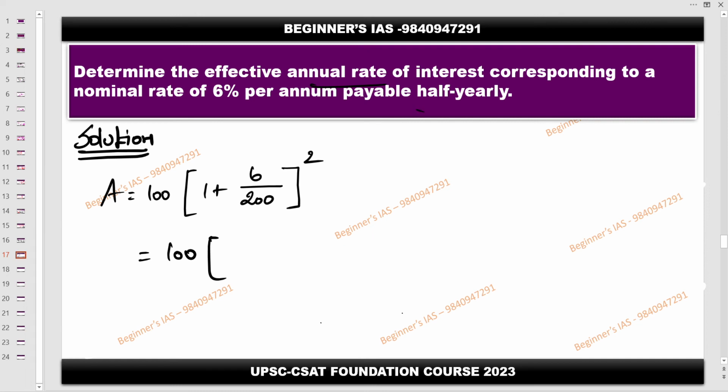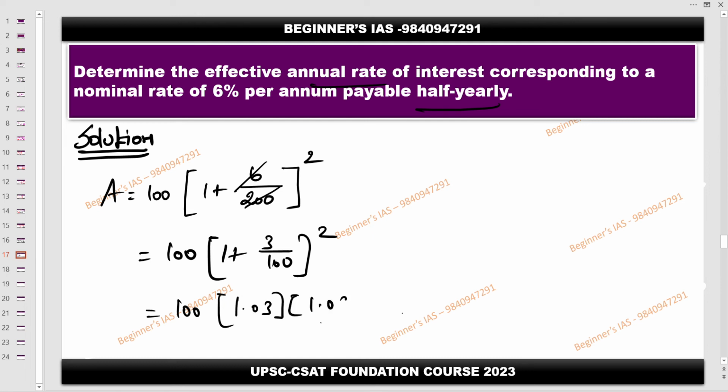Then you can cancel to get 3 by 100, the whole square. Then it will become 103 by 100, so 1.03, the whole square.